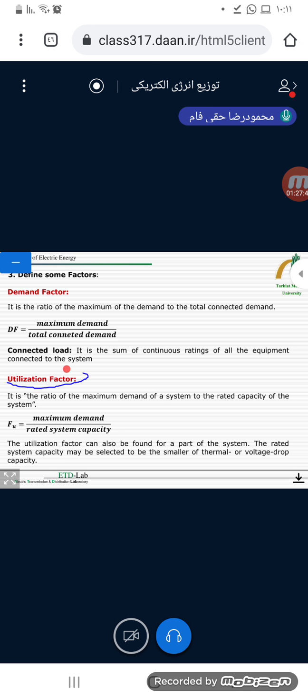I introduce another characteristic, the utilization factor. Please see. For example, you have a distribution network, and this is a transformer. You have a rated system capacity of, for example, 300 kilowatts.